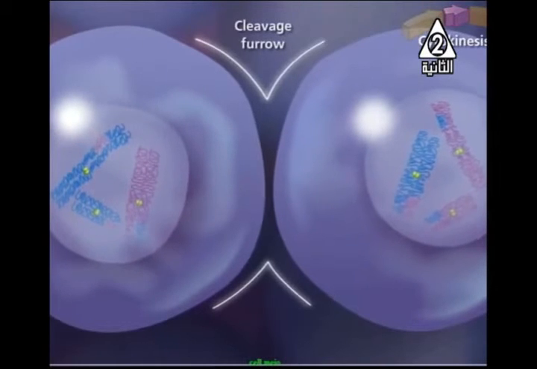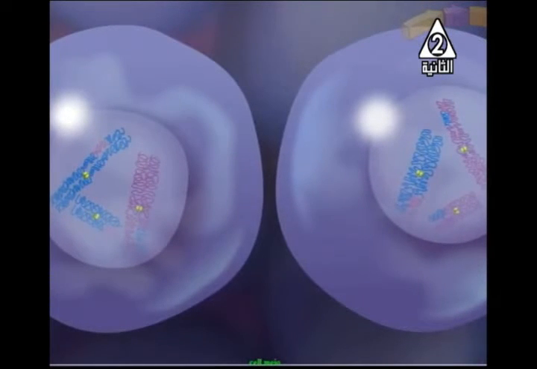Then it separates in telophase 1 to form two cells, each one containing half the number of chromosomes in the parent cell. This is the end of the first meiotic division.